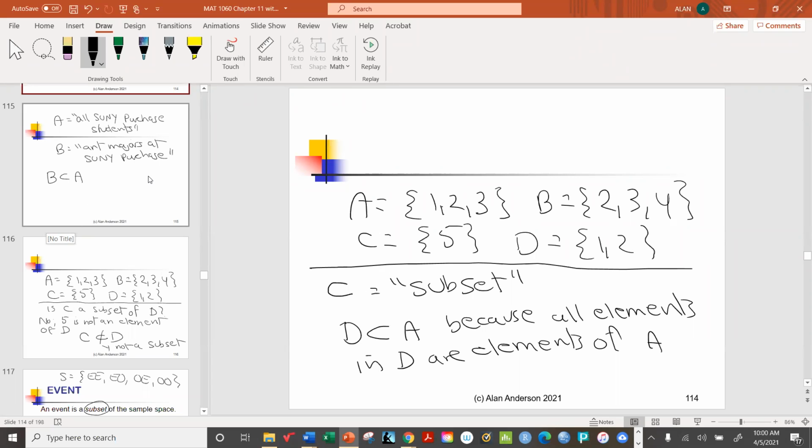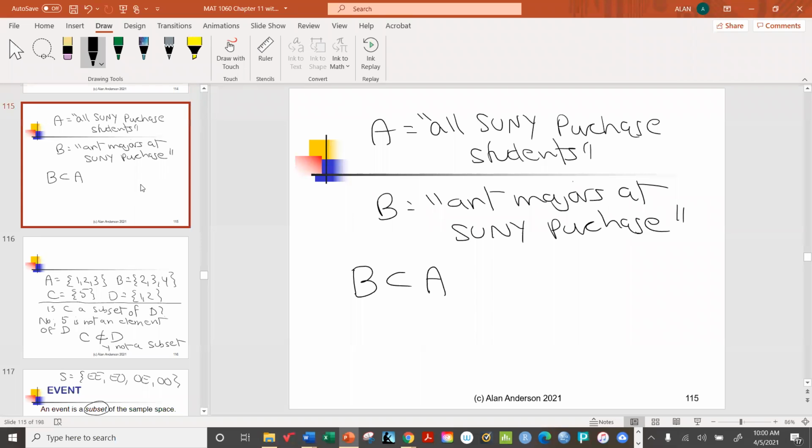And the same thing with set B. Let's say my first set A consists of all the students at SUNY Purchase. And then set B is all the art majors at SUNY Purchase. I think you'll see that B is a subset of A because everybody who's an art major at SUNY Purchase must also be a student at SUNY Purchase. And this is all that it means. One is contained within the other.